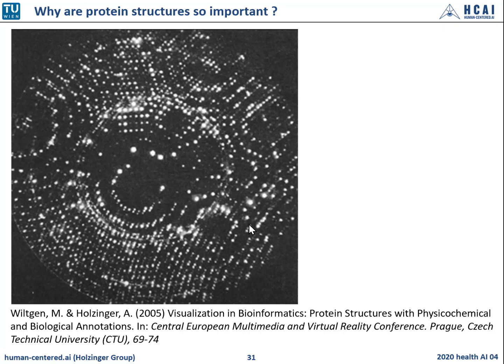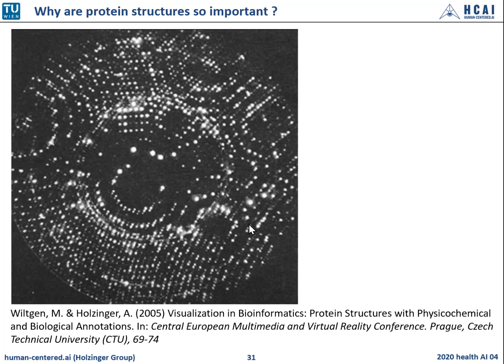So, for example, including the degradation and biosynthesis of molecules, the physiological signaling, energy storage and conversion, formation of cellular structures, and so on. So, protein structures, as you can see here, are determined with crystallographic methods or by nuclear magnetic resonance spectroscopy. So, this is a typical image of this.